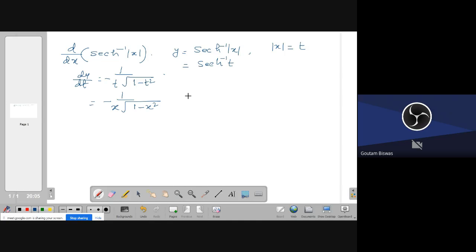Okay, and from here you calculate dx/dt. What is the value? Can anyone tell? Okay, if you are not comfortable here, let us find dt/dx. What is the value of dt/dx?